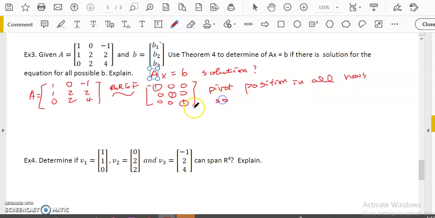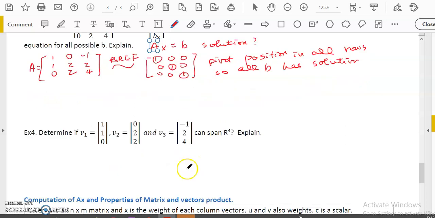So there is no chance of no solution. There is no chance of infinite solutions. So all b has a solution. Probably just one solution. Okay.